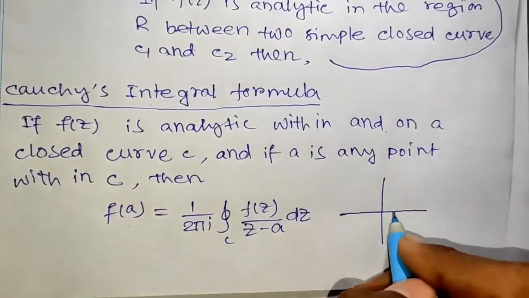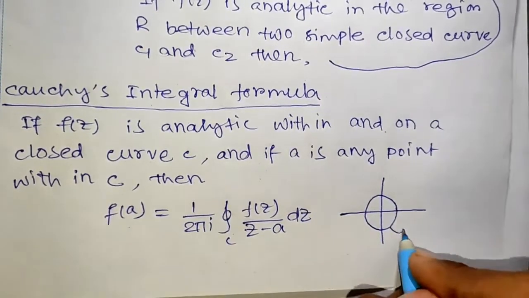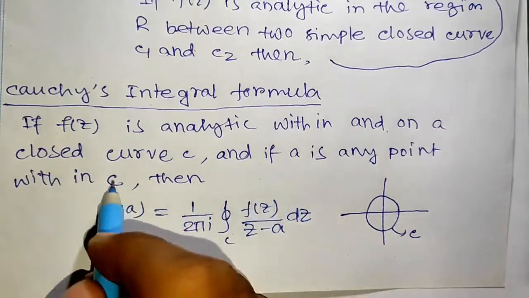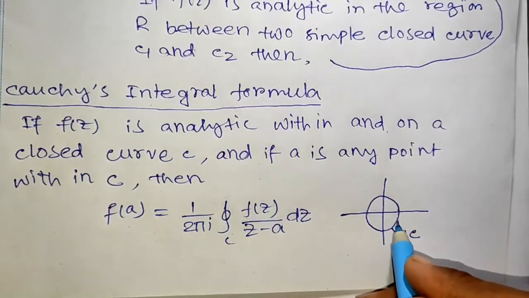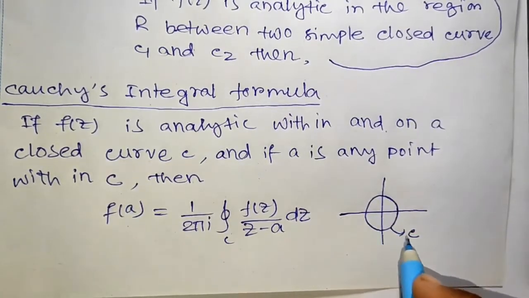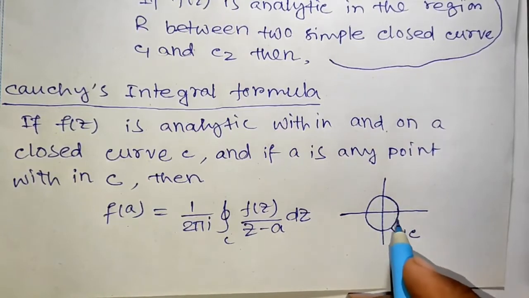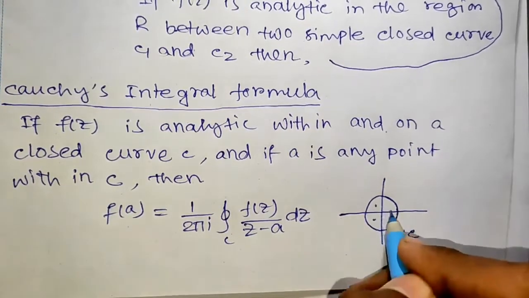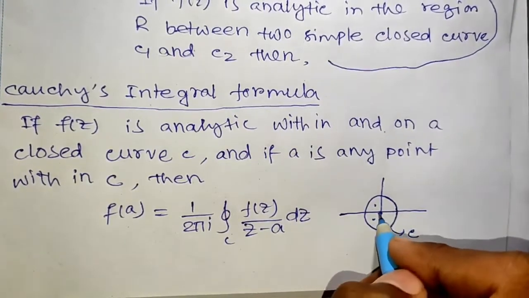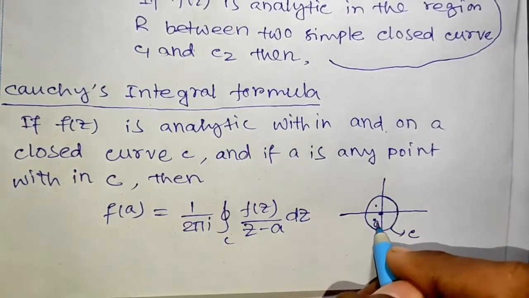Let us draw a closed curve C, and here f(z) is analytic within this closed curve and on the curve C, and if a may be here or here, any point inside closed curve C. Let us assume a is this point.